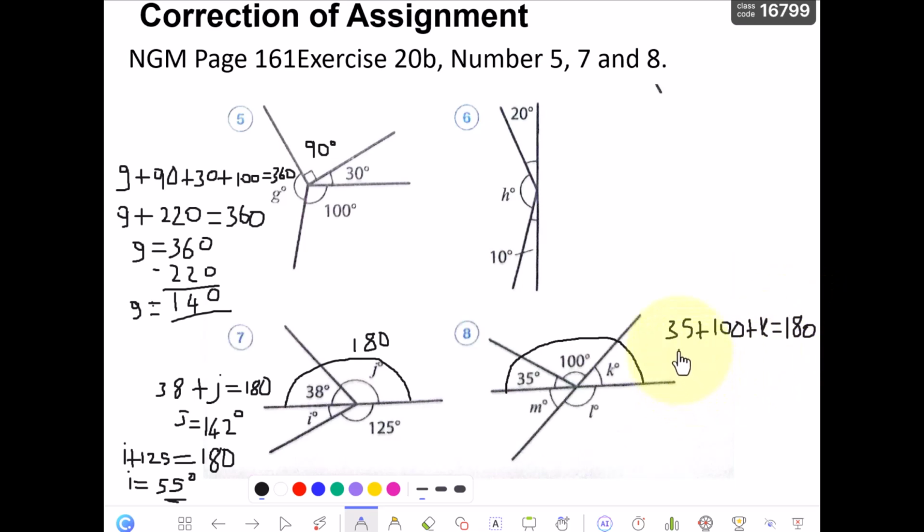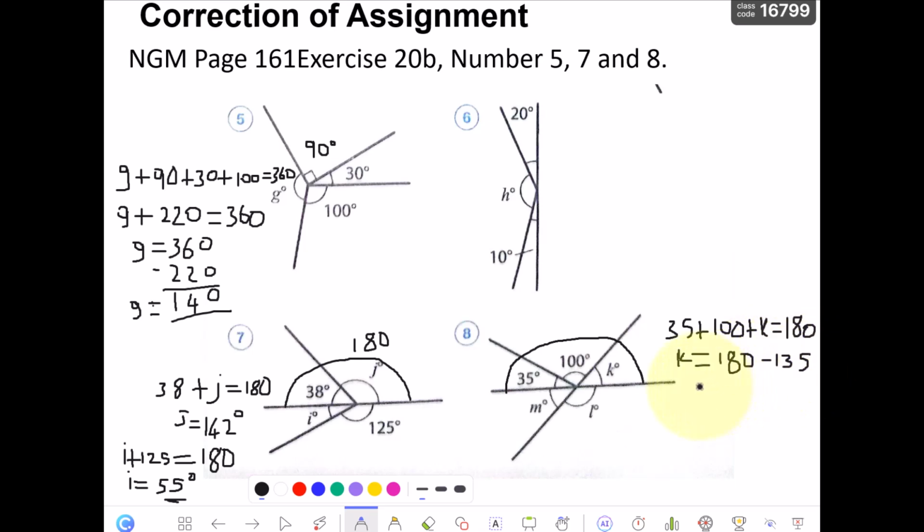That means if you solve this one using our normal simple equation, k will be equal to what now? K will be 180 minus 35 plus 100, which will give us 135. Sorry, this is a negative, this is minus. So it's going to be minus 135.